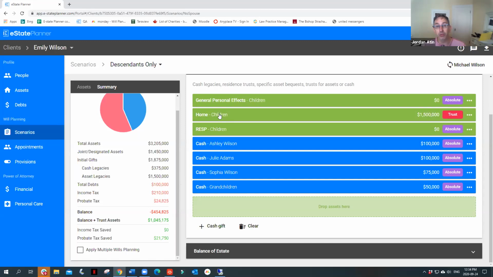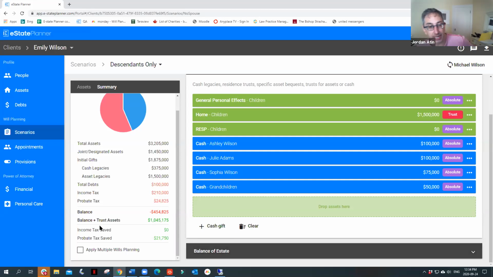Now, if we include the proceeds of the home after the trust is over, then that's what this $1,045,000 is. So it takes into account assets that are eventually going to fall into the residue, but might not be there immediately. So that's how you can use the summary to show your clients the impact of these decisions.